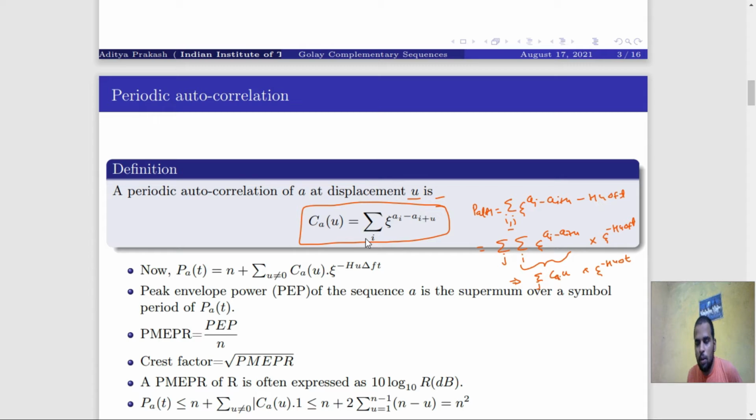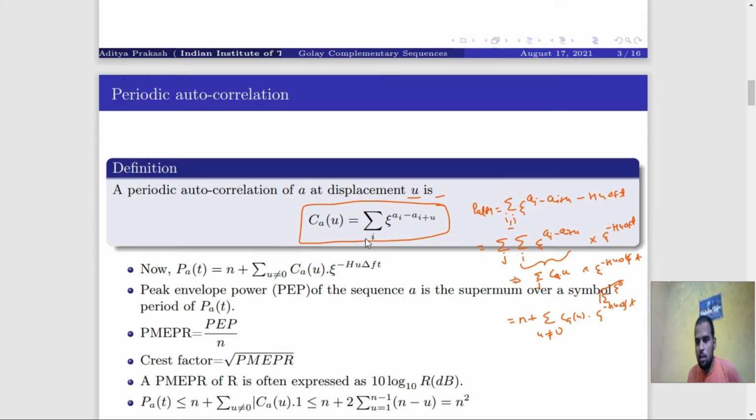When we take U not equal to 0, and when we take U equal to 0, then what value will it become? J to the power 0 is 1, and in the summation the total n elements are there, so that will become n, plus the summation over U not equal to 0 of CAU times J to the power minus HU delta F into T. Got my point?